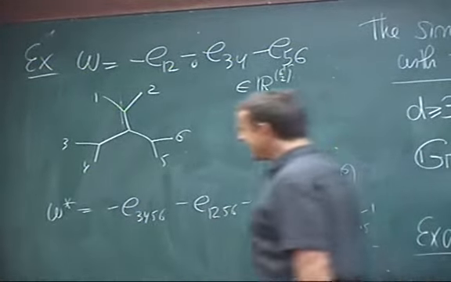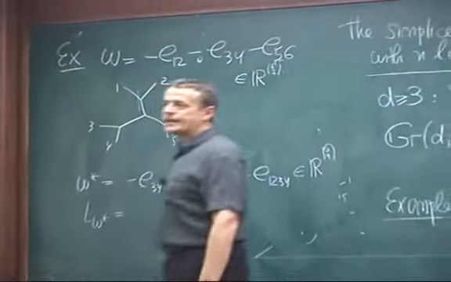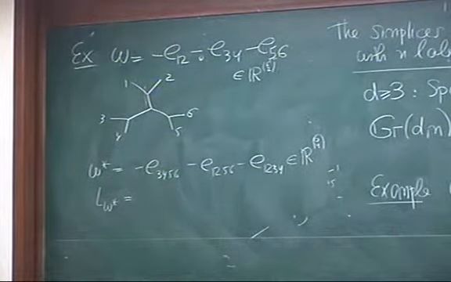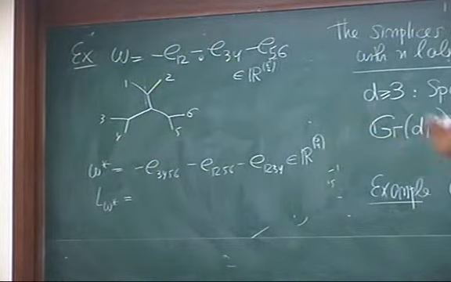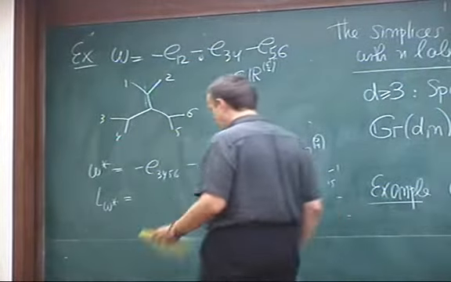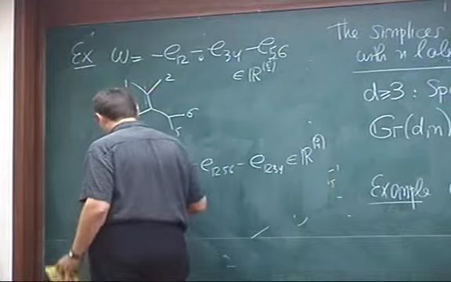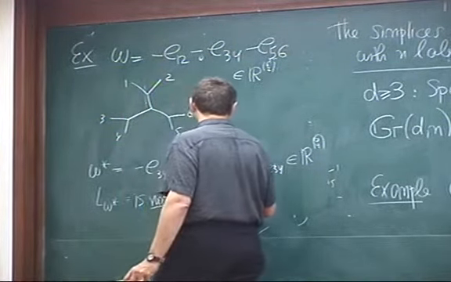And now its linear space, L of W star, is a codimension 2 plane in P5, right? So I have a duality that takes lines in P5 to 3-planes in P5, right? Now this particular 3-plane is not the intersection of 2 hyperplanes.